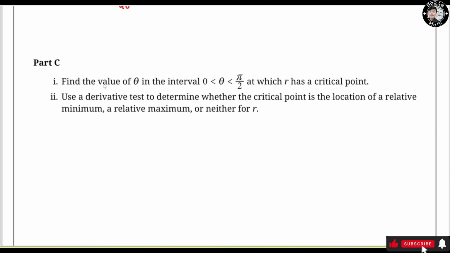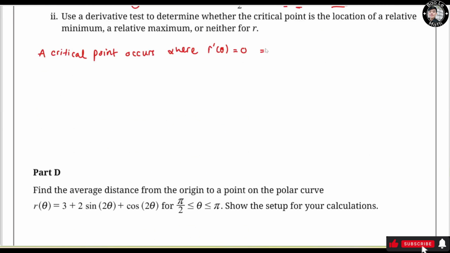Now question C. Find the value of angle theta in the interval 0 to pi/2 at which the radius has a critical point. So you know that a critical point occurs where r prime of theta equals 0. So we have 4 cosine of 2 theta minus 2 sine of 2 theta equals 0. Now we're going to add 2 sine of 2 theta to both sides, then divide both sides by cosine of 2 theta.